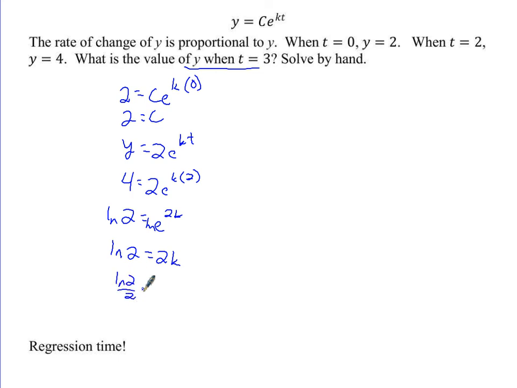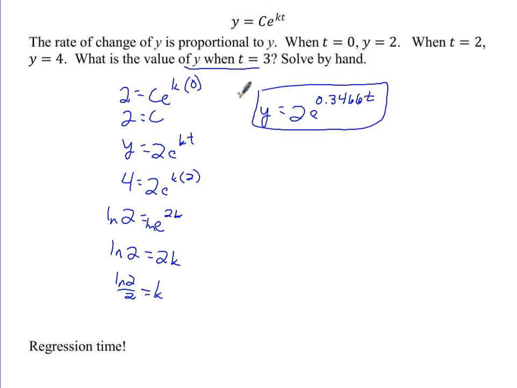The natural log of 2 divided by 2 equals k. And now on your calculator you would type that in to get the decimal version, rounded to 3 or 4 decimal places. 4 would probably be better in this case. So your final equation would be y equals 2e to the 0.3466t. And that would be the particular solution for this problem.